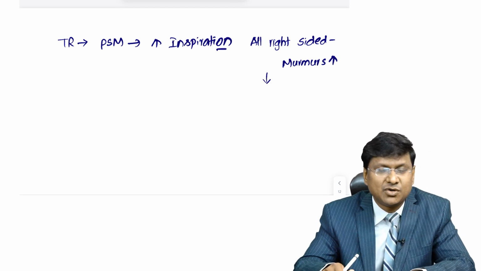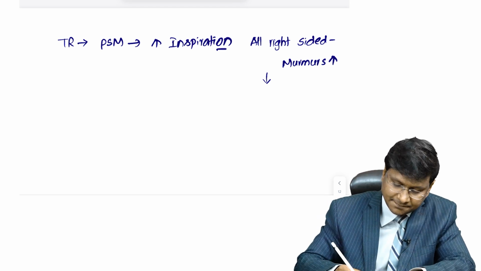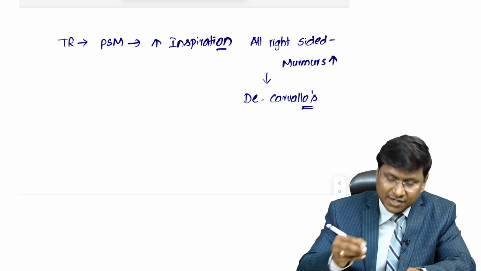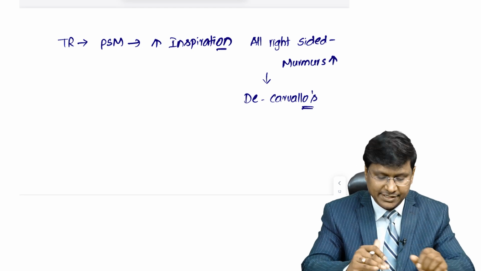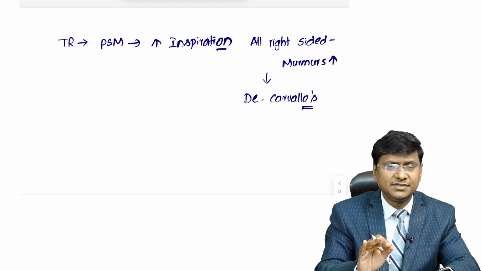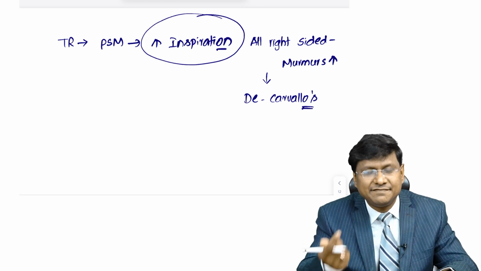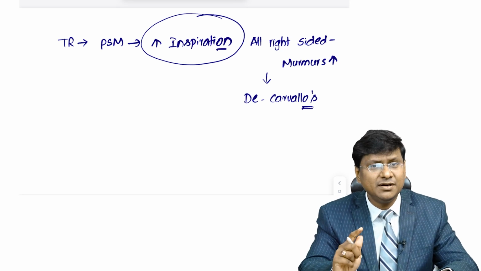What is this phenomenon called? This is called the de Carvalho phenomenon, or the de Carvalho sign. So right-sided murmurs on auscultation increase on inspiration, whereas all the left-sided murmurs increase on expiration.